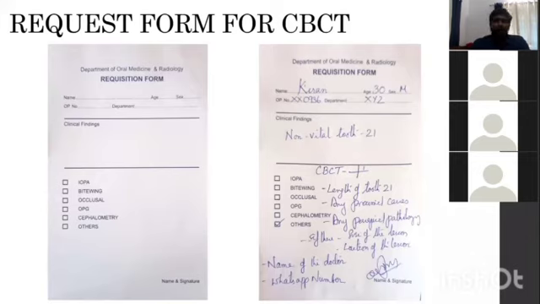You can also write the details you want, like in this picture, if you want to know the length of the tooth, or whether there is any proximal caries or any pathologies, the size of the lesion, or the exact location of the lesion. You can write the points or details you want in this request form.